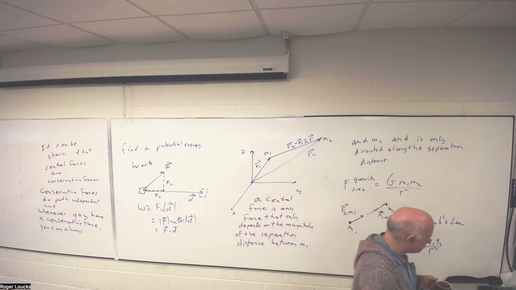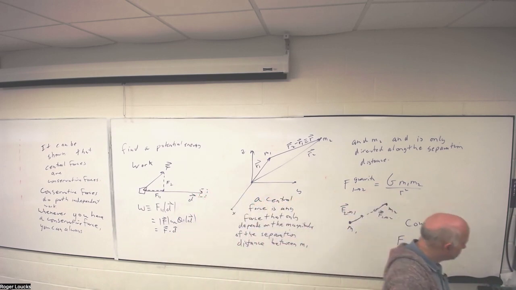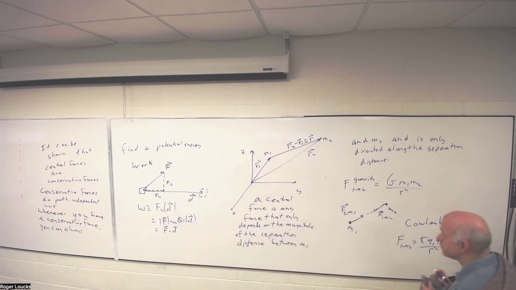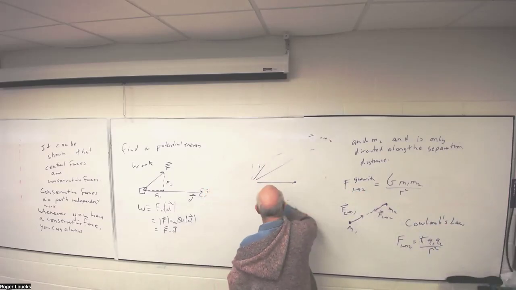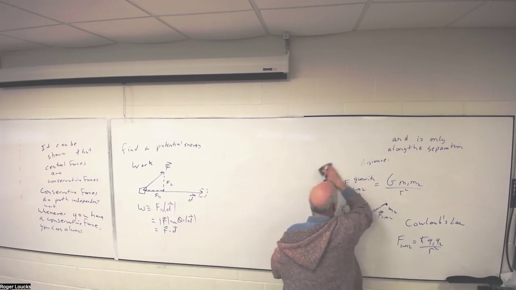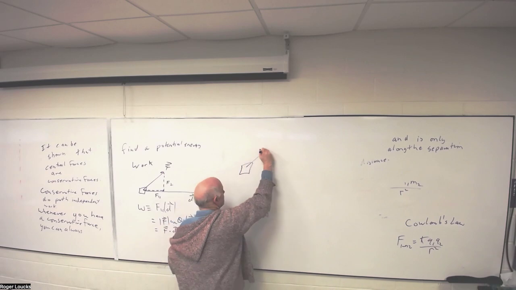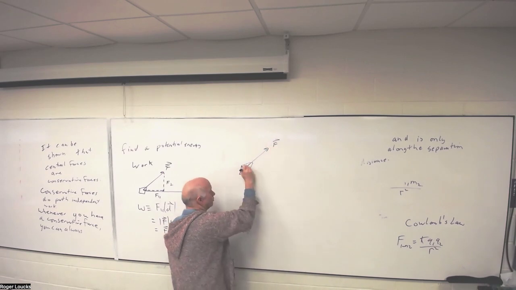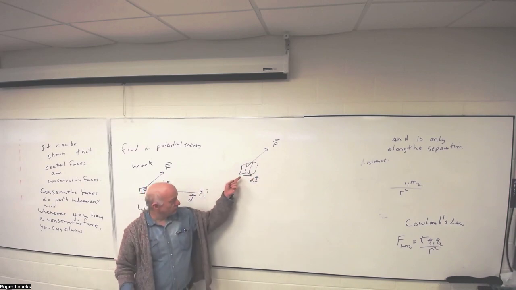If that force is not constant, you move the object over some tiny distance, which I'll call the dL vector, a tiny piece of the path.